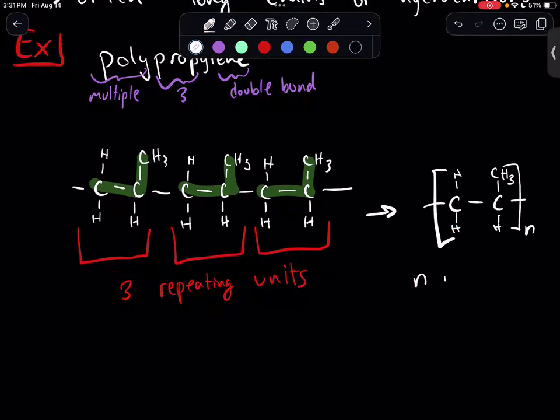And this refers to n repeating units. And this is how we refer to most polymers, just by n repeating units. We can draw it with the bracket around one monomer and a little n subscript to say it continues on and on and on.